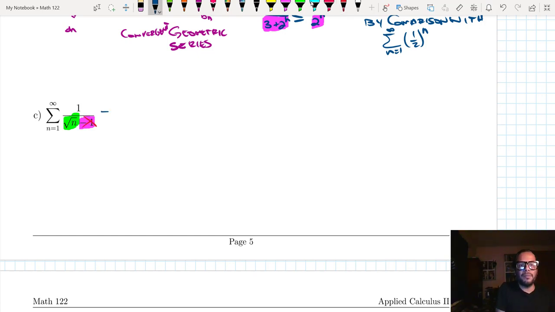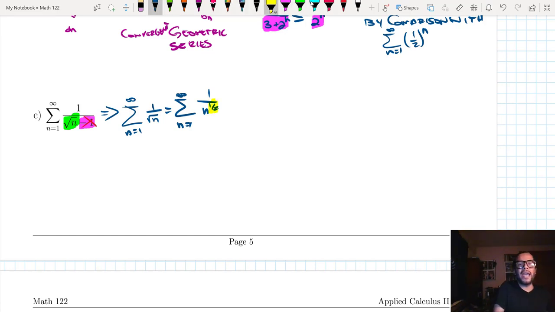So I'm going to come up with a new series. I'm not saying this is equal to this, I'm saying with this arrow here, I'm saying this behaves like, or it is related to, sigma n equals 1 to infinity, 1 over the square root of n, which is the same as sigma n equals 1 to infinity, 1 over n to the 1/2. Okay, so I'm going to look at the power of n.